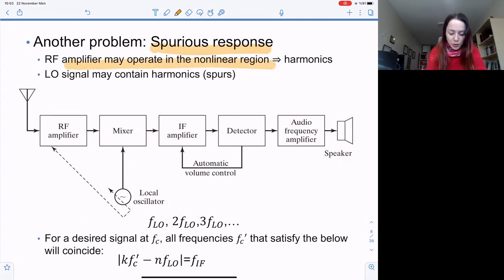So suppose the local oscillator signal contains harmonics or spurs. It's quite difficult to avoid this. Now, if the RF amplifier is operating in a nonlinear region, the harmonics are going to be mixed.